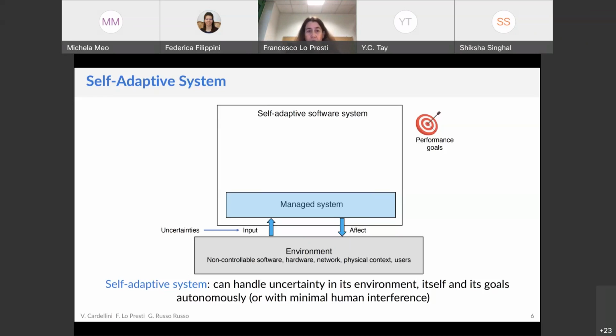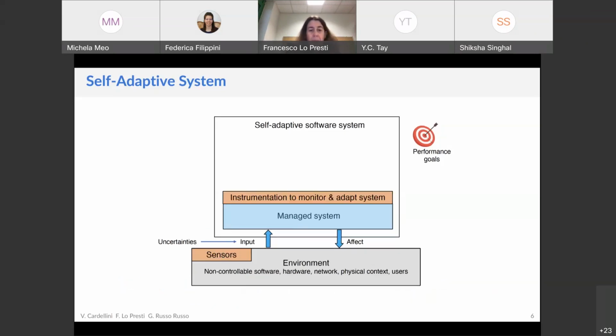When we want to organize the architecture of such a self-adaptive system, usually we introduce some monitoring components. So we have some sensors from the environment, and we have some monitor instrumentation regarding the system that we want to control.